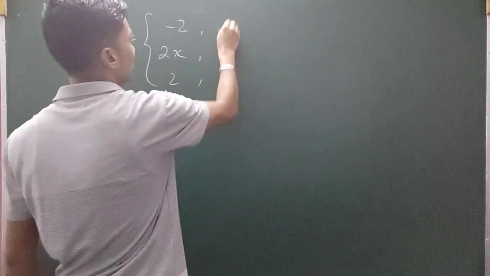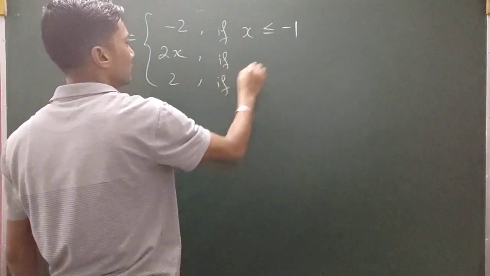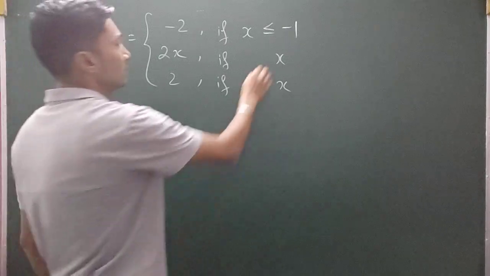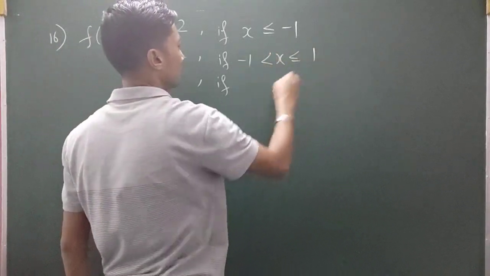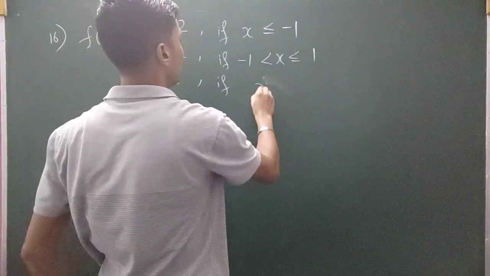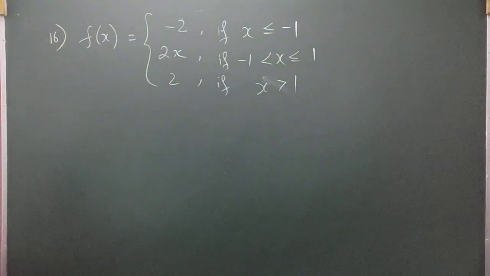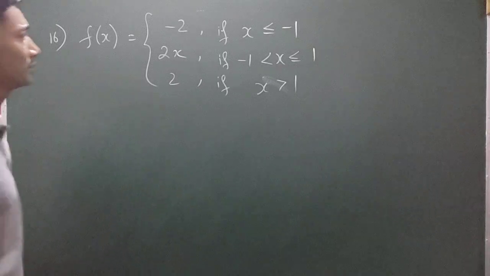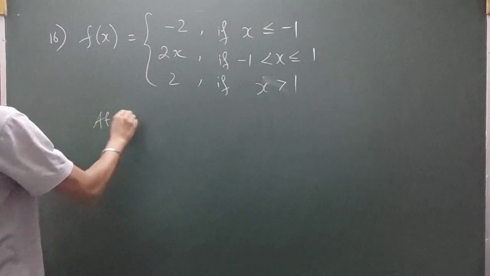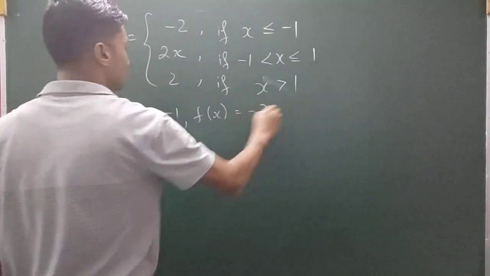Here, f of x is given for x less than or equal to minus 1, for x greater than minus 1 and less than or equal to 1, and for x greater than 1. Here also we see the same stuff. At x strictly less than minus 1, our function is minus 2.